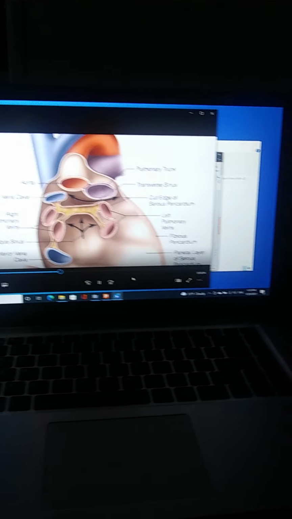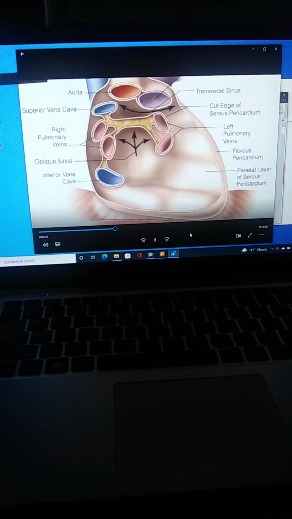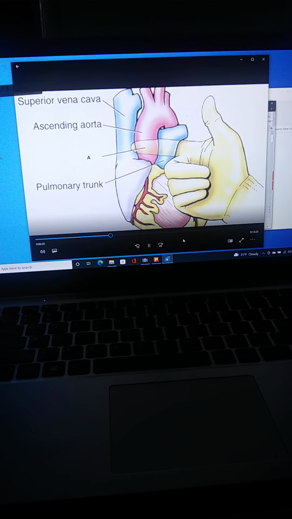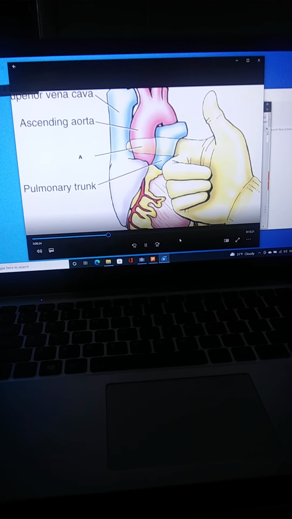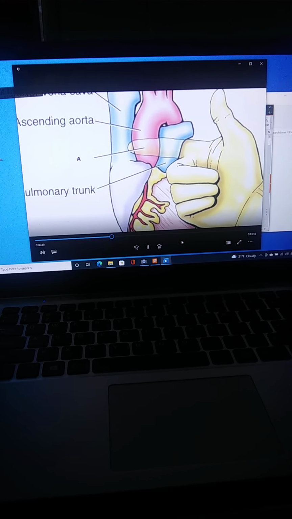It runs behind the aorta and the PA, and the mammary would run from the right side over the superior vena cava and behind the aorta and the pulmonary trunk on top of the roof of the left atrium.